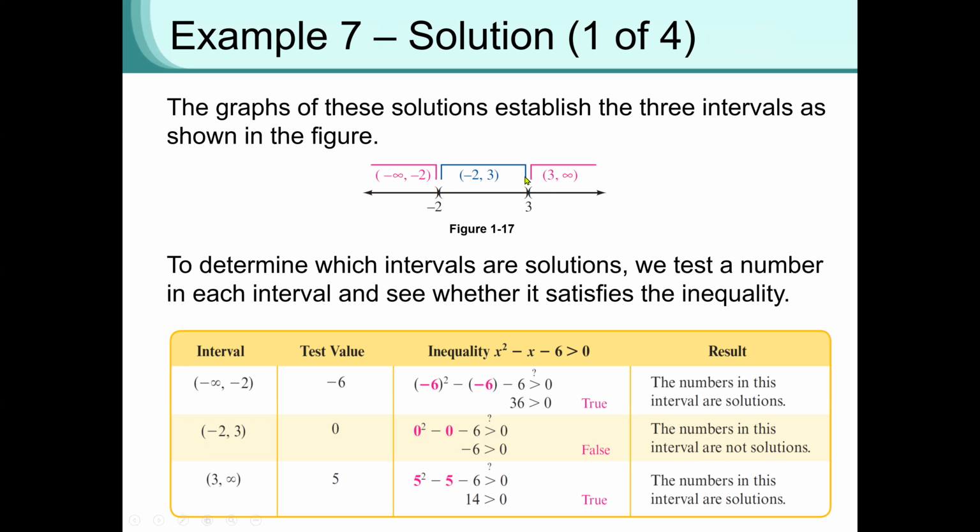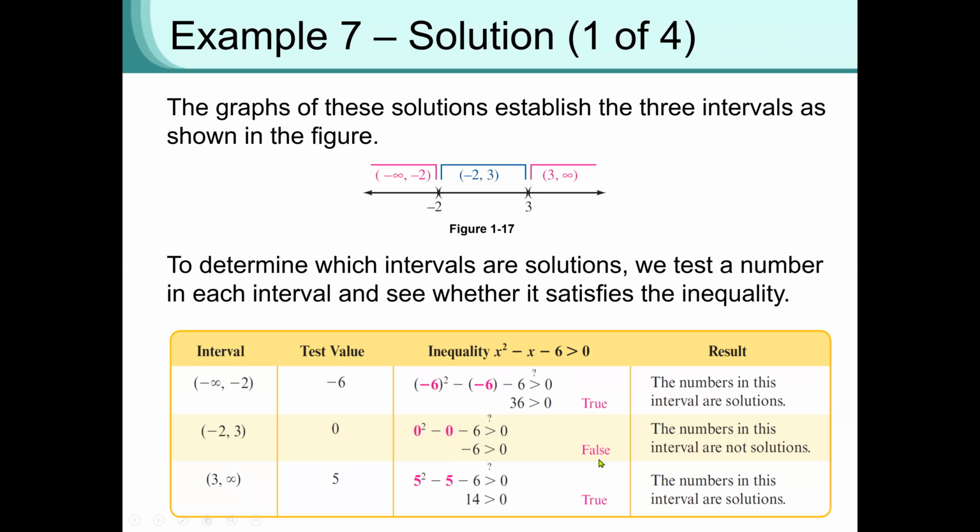Those are our critical values, -2 and 3, but the possible interval is from -infinity, the lowest, to +infinity, the highest.